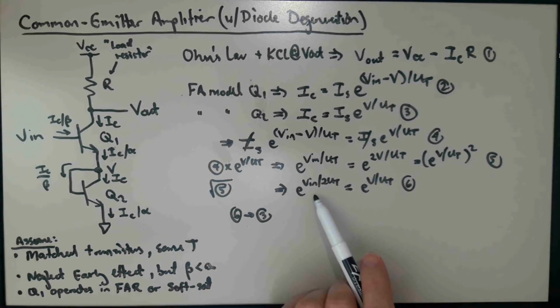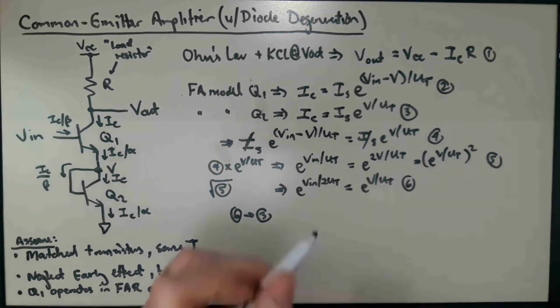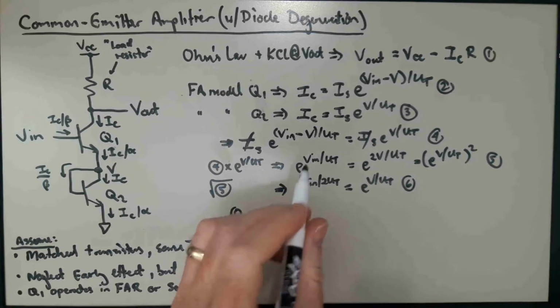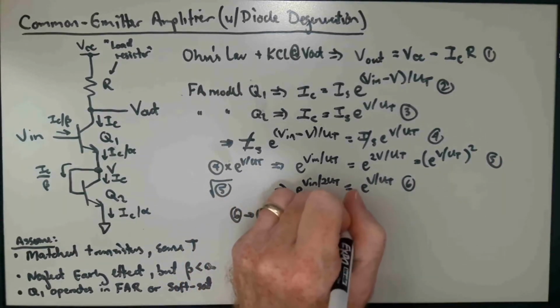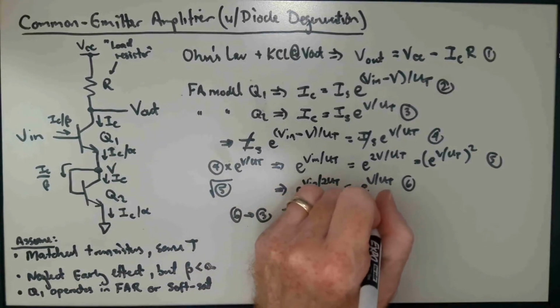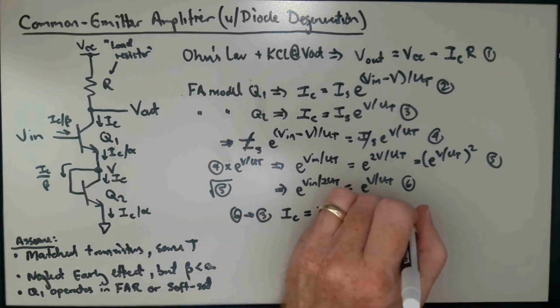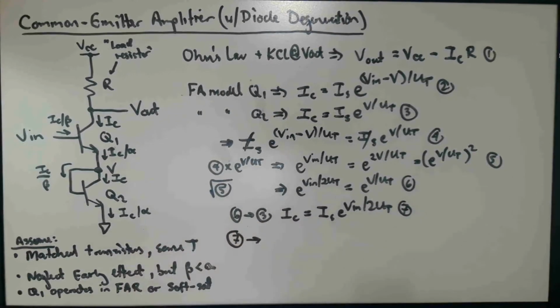So we can just substitute the left-hand side in for e to the V over UT up here. And we get that IC is equal to IS e to the Vin over 2UT. Okay, so that's 7. We substitute 7 into 1.